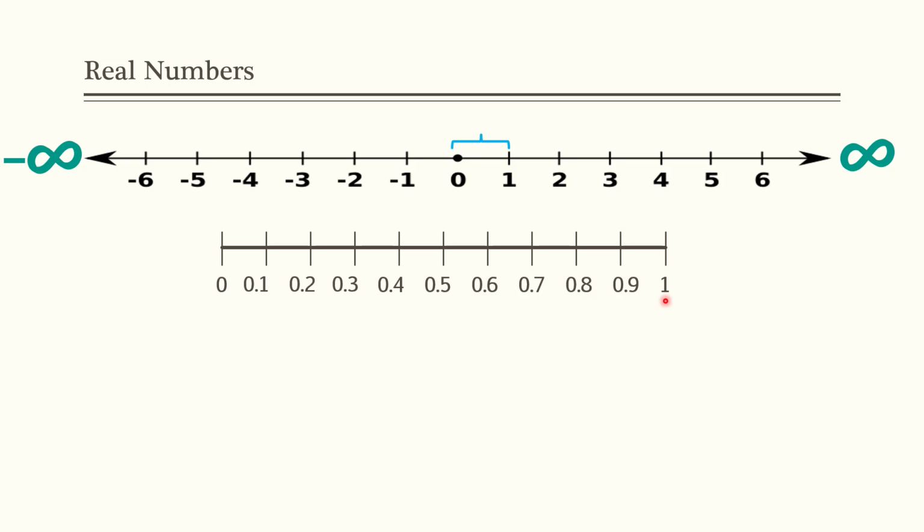But again, if we magnify it from 0 to 0.1, we will get an infinite number of numbers over here. Same thing for 0.2 to 0.3, same thing for other ranges over here. We'll always get an infinite number of numbers over here. That's as I said, there are infinite numbers of real numbers over there.